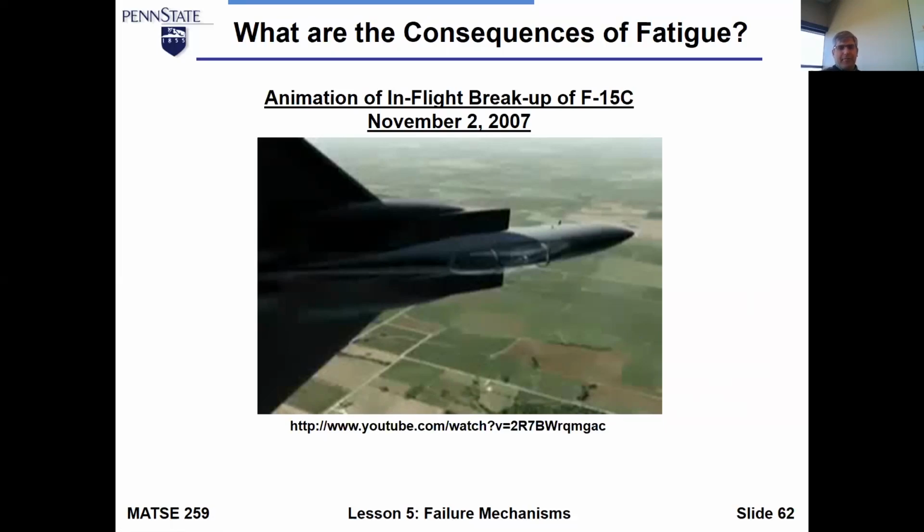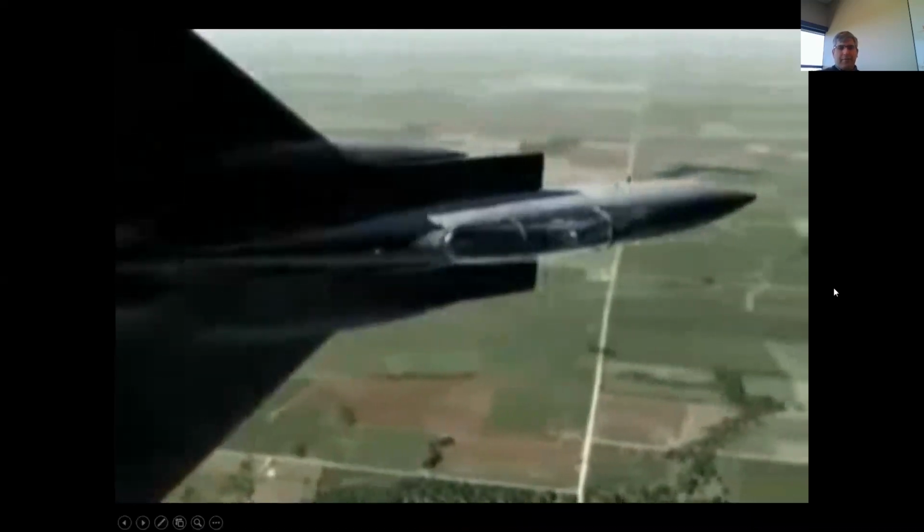This is a fighter jet we're talking about here. The Air Force ran into some issues because there were two incidents. One occurred over Utah, the other over Iraq, where planes came apart in mid-flight with no warning. And we'll see an example of what happened.